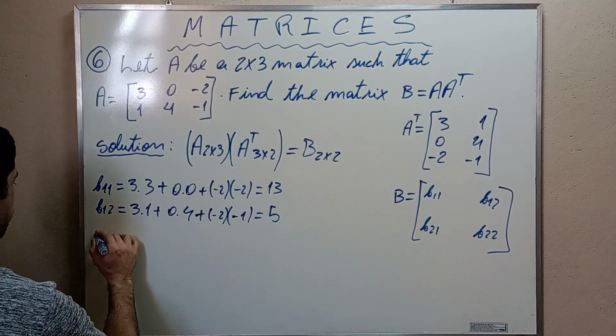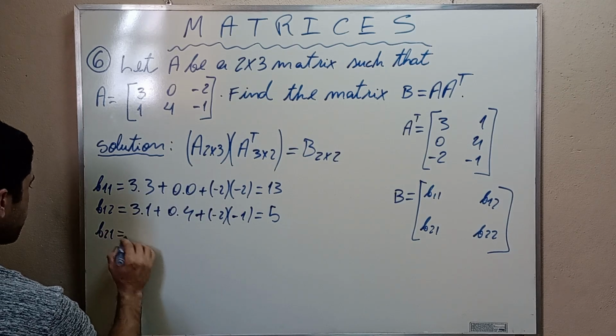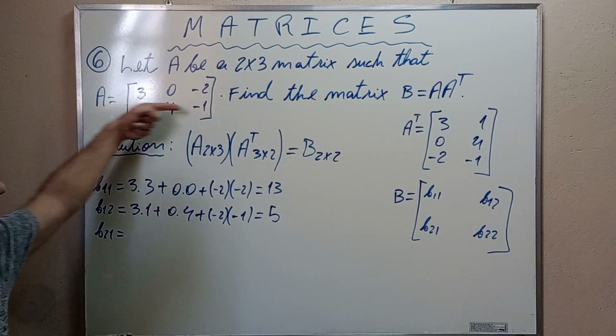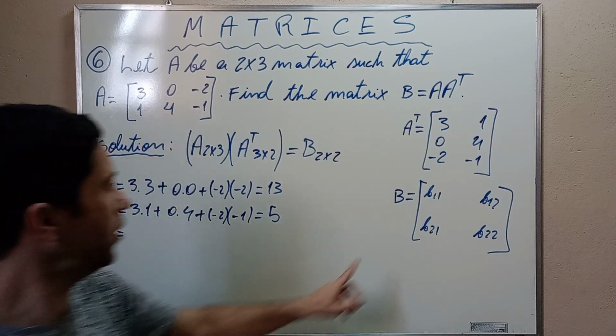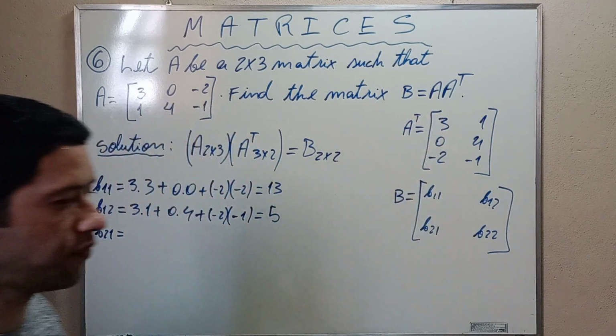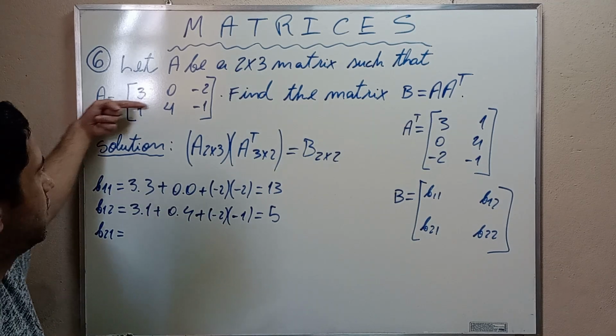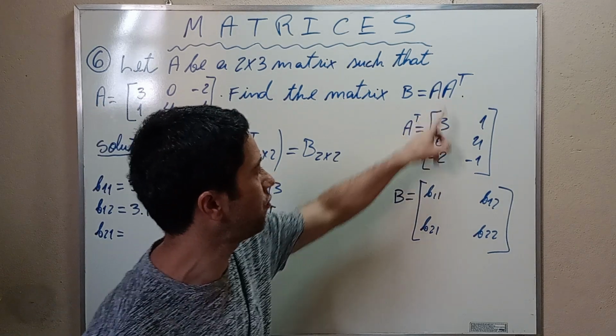B21 now. B21 is going to be obtained from the multiplication of the second row of the first matrix with the first column of the second matrix, okay? We are going to multiply this by this.